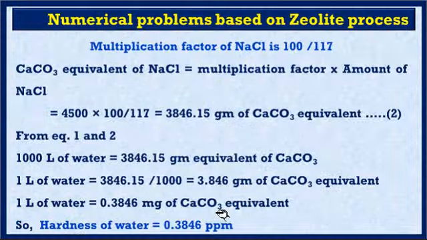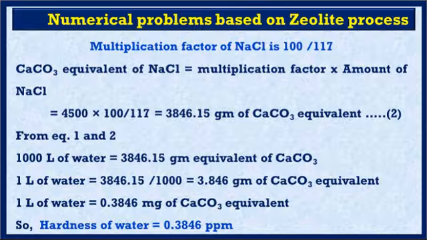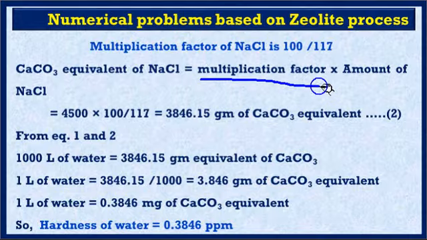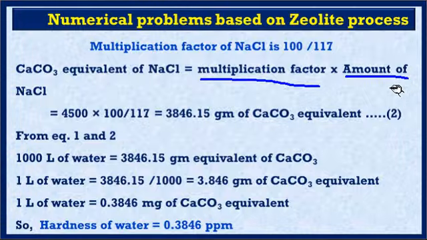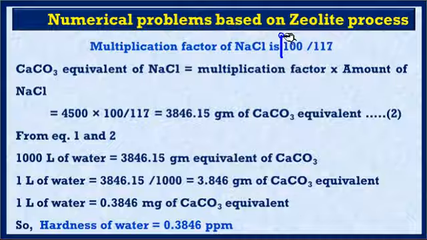Now we know that hardness is expressed in terms of calcium carbonate equivalent, and the calcium carbonate equivalent of any salt can be calculated by the multiplication factor multiplied by the amount of that salt. And what is the multiplication factor? The multiplication factor is 100 divided by the molecular weight of that salt.